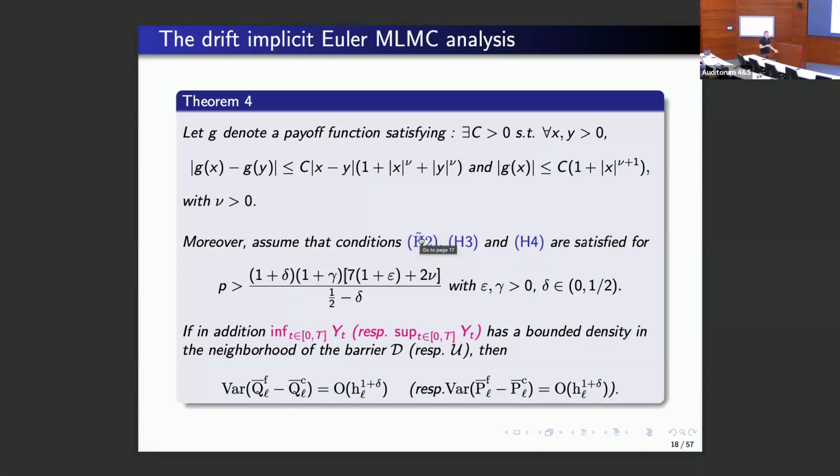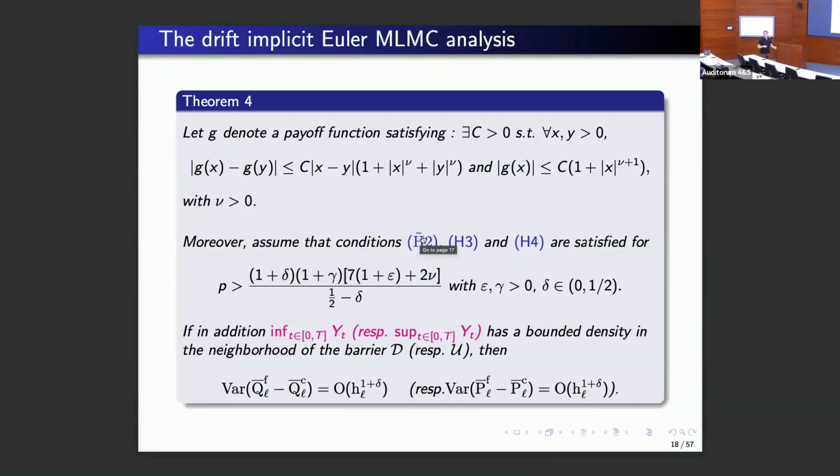The second step, as mentioned by Mike today, you need not that the diffusion has a density, but the infimum in my case. So the running infimum or the running supremum of the diffusion YT, the true diffusion, there is no scheme here, has a bounded density in the neighborhood of the singularity, which is, of course, the barrier. If such assumptions are satisfied, you can see that your rate of convergence beta is 1 plus delta.